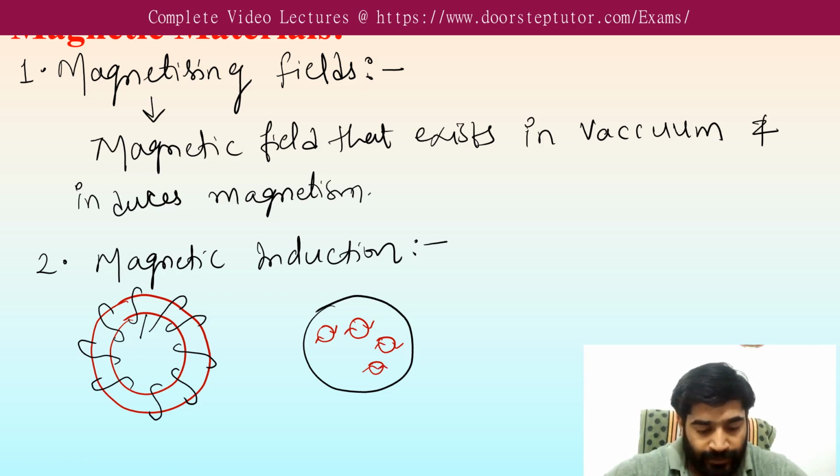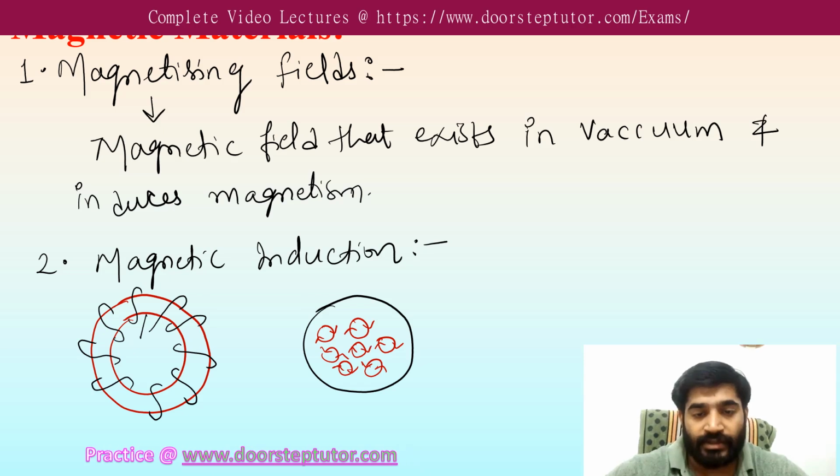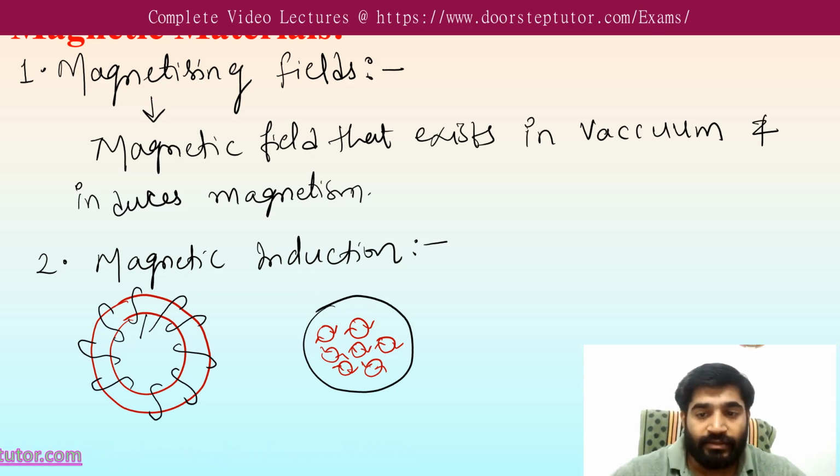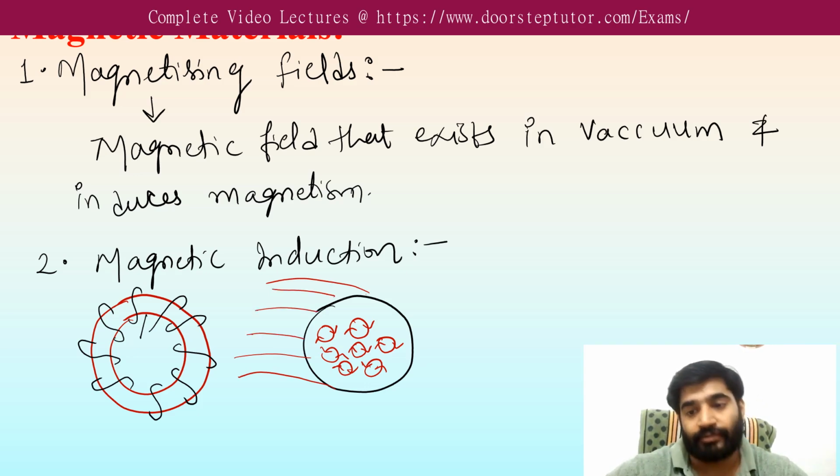Whenever these currents spin, they give rise to a net current on the surface of the wire.